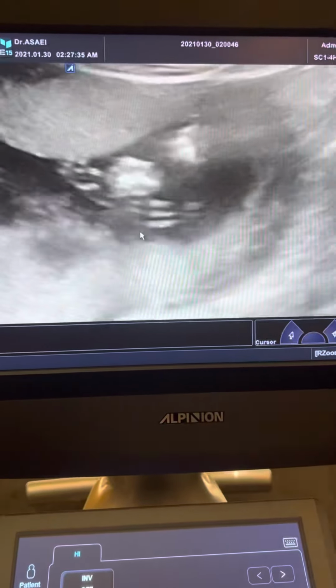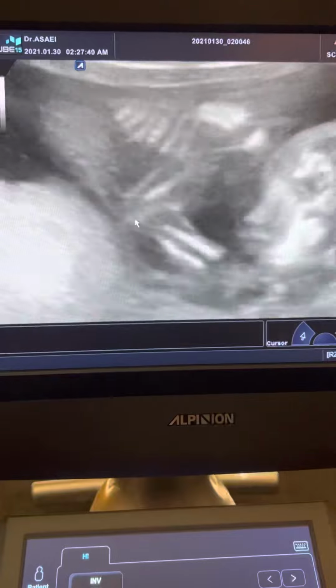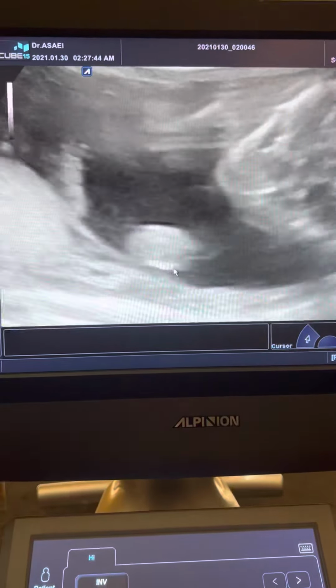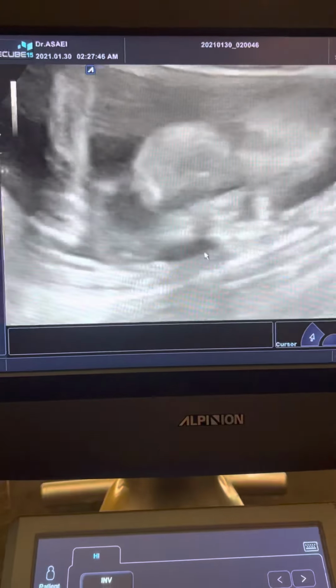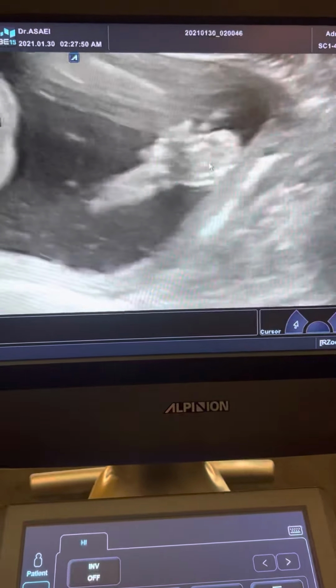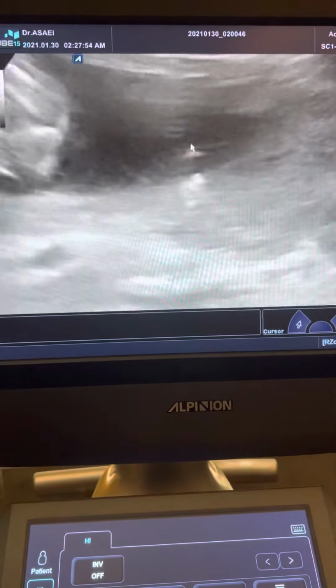Count the other foot fingers. The fingers of the hand and the other hand also, it's moving. Yeah, here is the thumb, another fingers also.